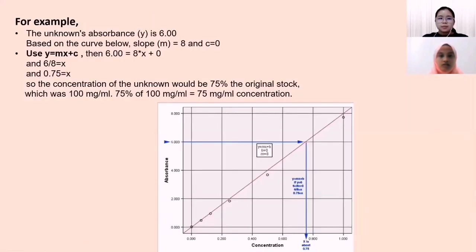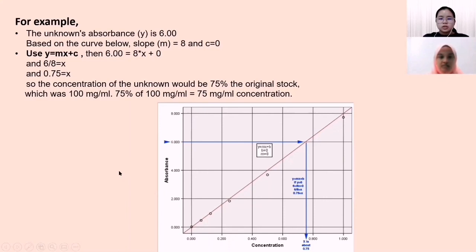For the example, the unknown's absorbance y is 6. Based on the curve below, the slope m equals 8 and c equals 0. So when we use y equals mx plus c, 6 equals 8 times x plus 0, so the x value is 0.75.